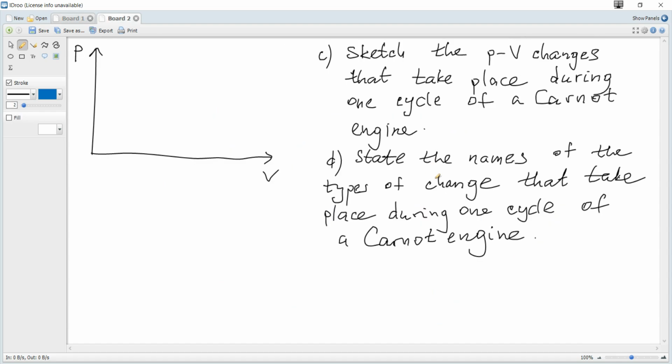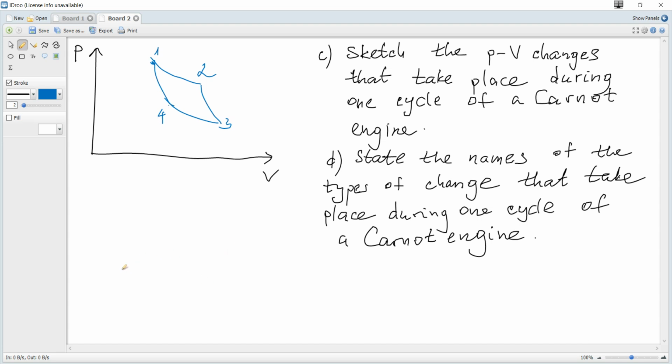The next question, sketch the PV changes that take place during one cycle of a Carnot engine. And a Carnot cycle consists of two isothermal and two adiabatic curves, and it looks like this: 1, 2, 3, 4.